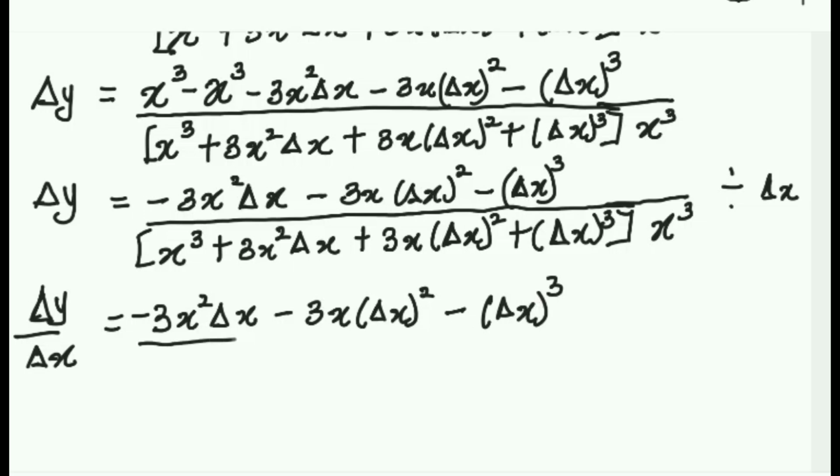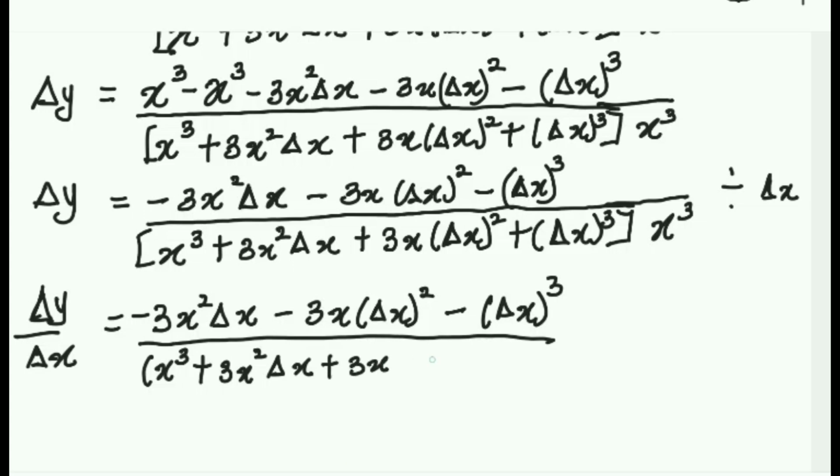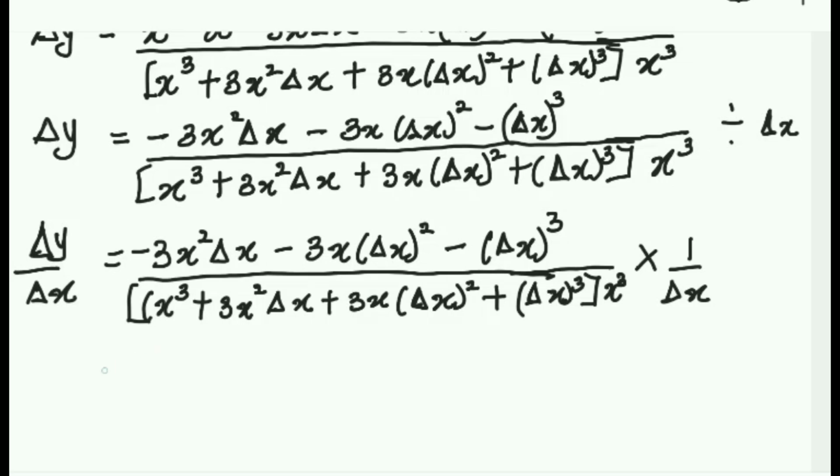and so divided by all that we have here, which is x cubed plus 3x squared change in x plus 3x change in x squared plus change in x all cubed. Now change this division to multiplication, you have times 1 over change in x. So when you look at the numerator, we observe that change in x is common in the numerator.